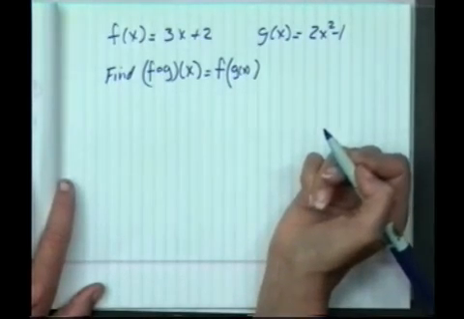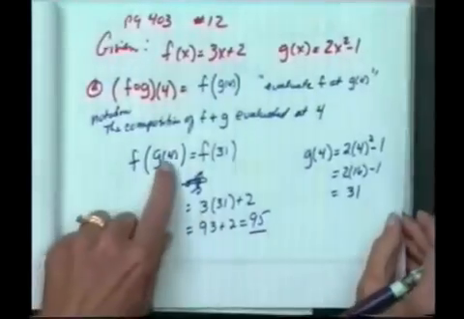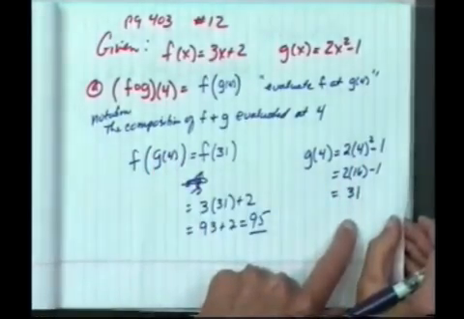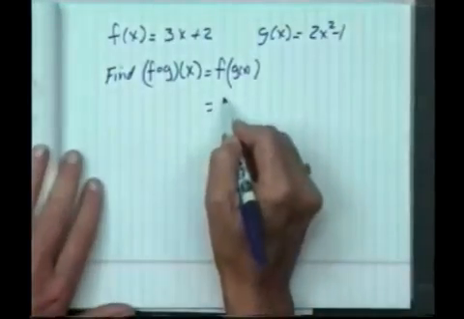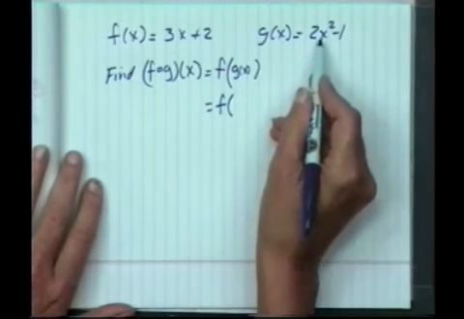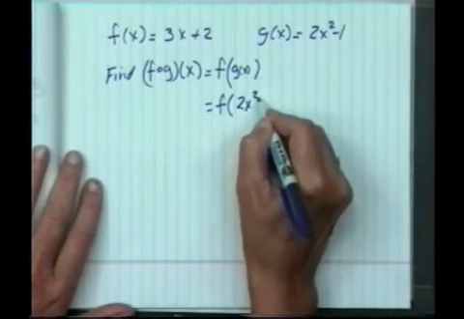So you plug x into the... All right, so just like you did over here, you went and found out what is g of 4. So right here, what is g of x? 2x squared minus 1. Okay, so in the place of g of x, we're going to put 2x squared minus 1.